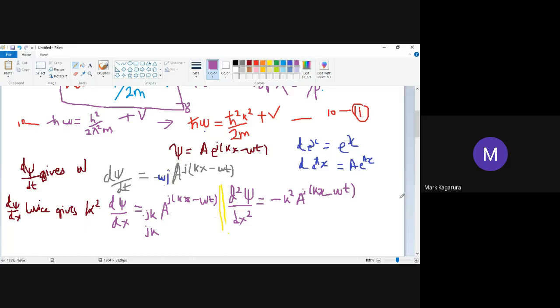So we can now replace this. Do we need to label the equations? We have enough numbers, so I'm not worried. Which one do we need to label? 12, 13, 14.